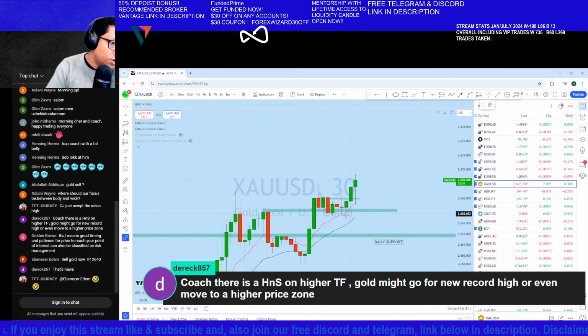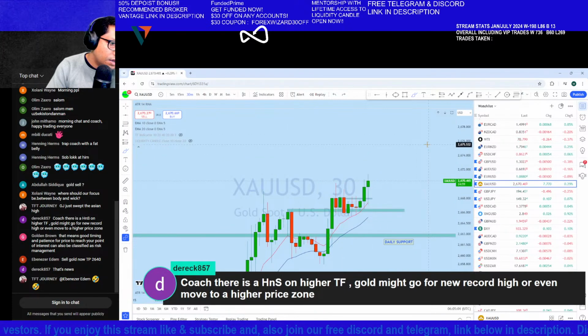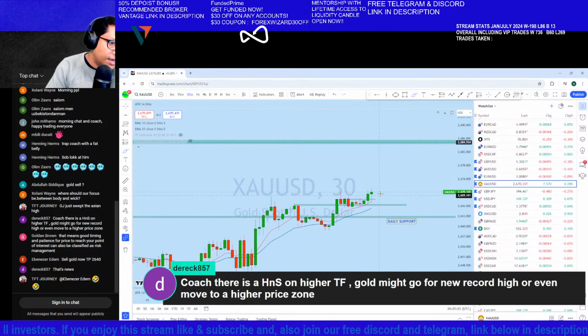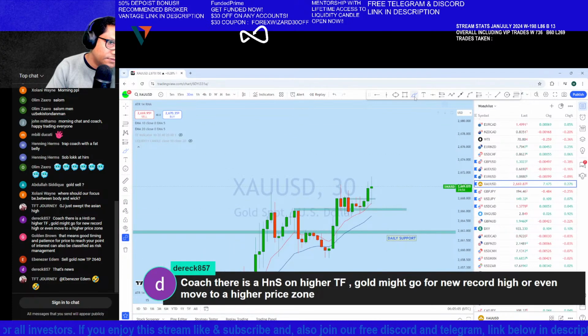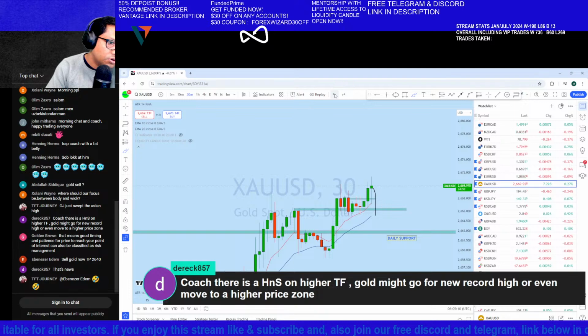If we closely look at it, we can see the market forming a series of higher lows, and any break of structure, especially to the downside, can give a potential trading opportunity.